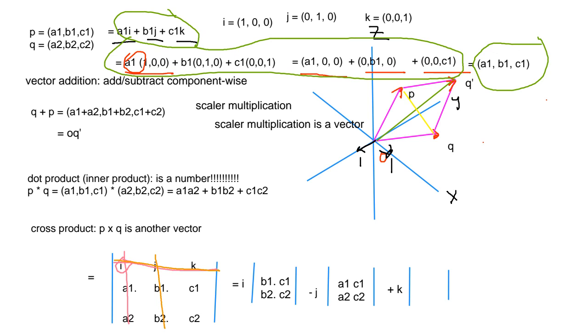I ignore the row and the column with K. So what am I left with? I'm left with A1, A2, B1, B2. Okay, so I have this now.